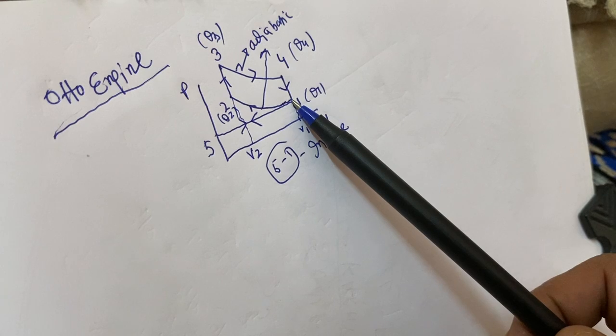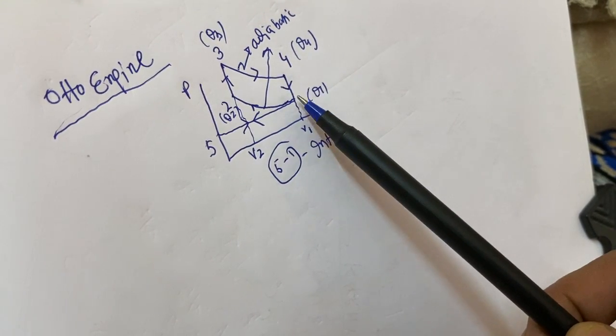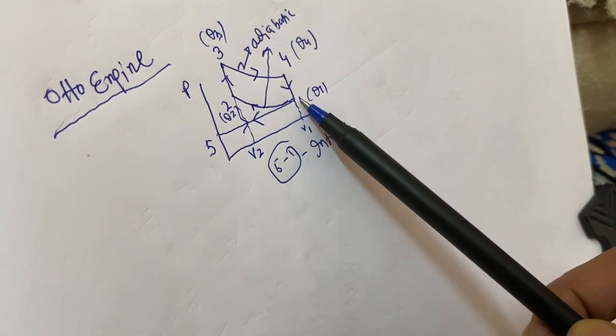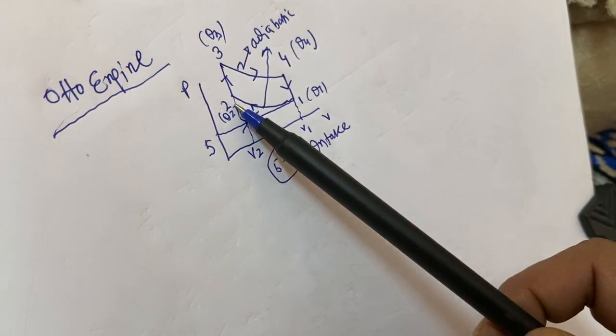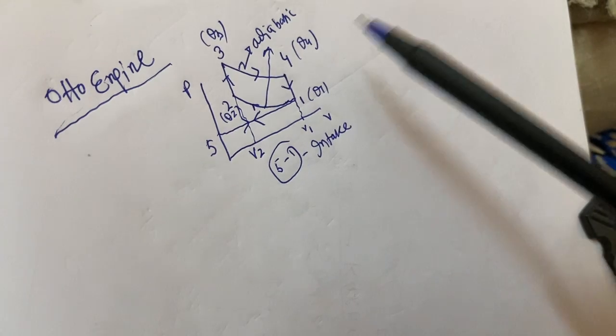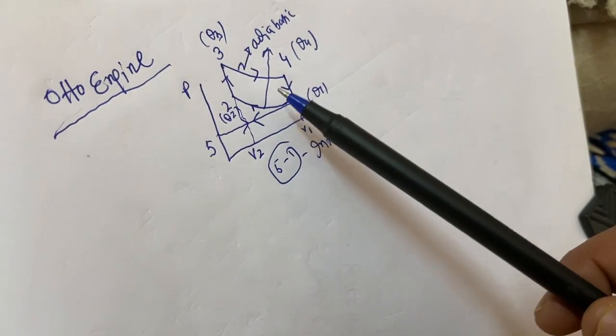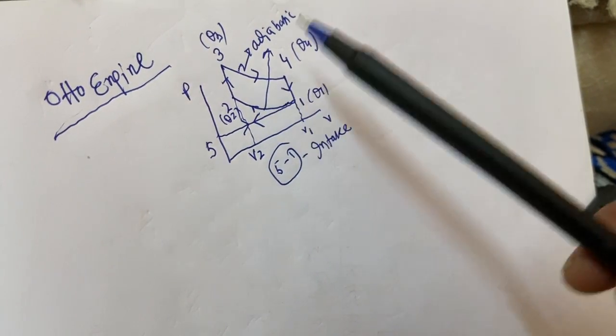When it reaches V1 at temperature theta 1, it is adiabatically compressed so that its temperature rises from theta 1 to theta 2. It is adiabatic process, so there is no heat exchange between system and surroundings.